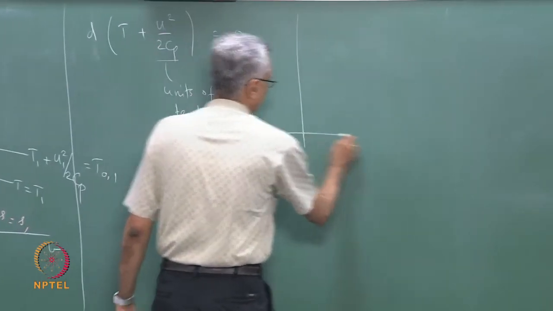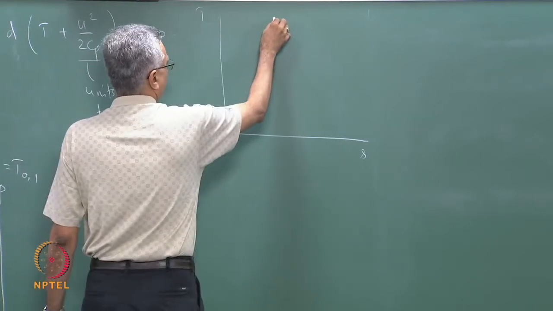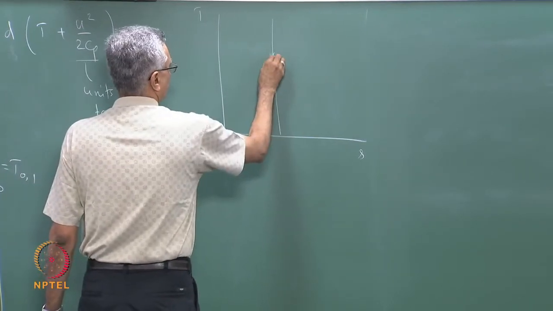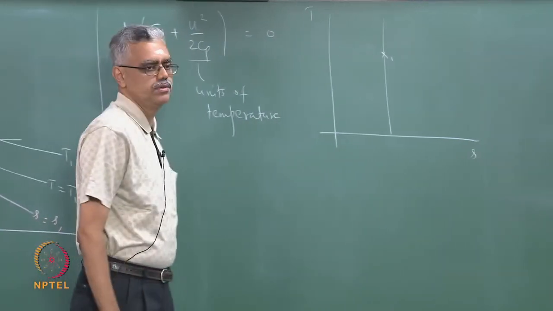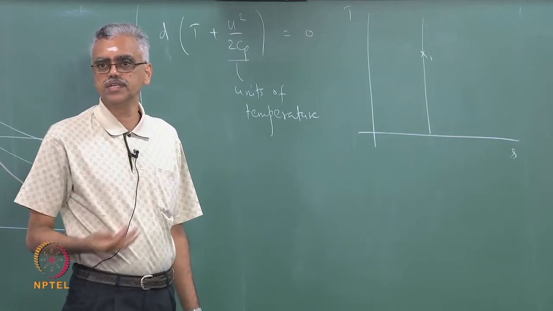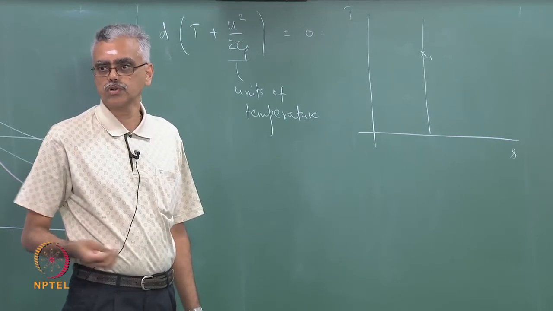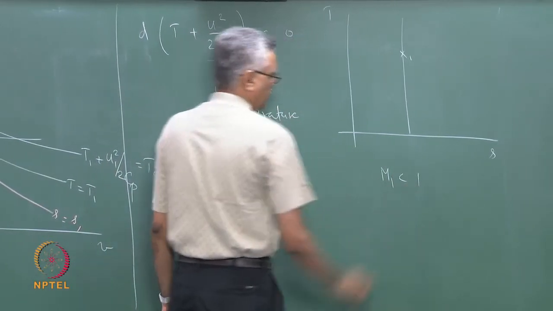Let us say that this is my TS diagram, and here is my state 1. For the sake of argument, we will assume that state 1 is subsonic. We will also show what it looks like if state 1 happens to be a supersonic state. So let us start by saying that state 1 is a subsonic state.